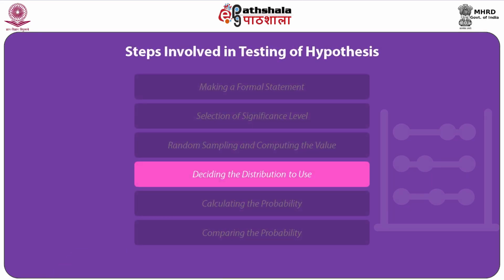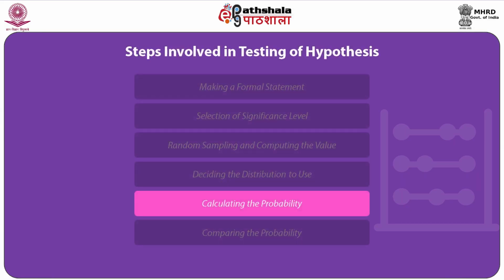The other aspect we need to consider is deciding the type of distribution to use. After selection of the significance level, the researchers have to determine the appropriate sampling distribution. For instance, the choice generally lies between the normal distribution and the t distribution. Also, we need to know how to calculate the probability.